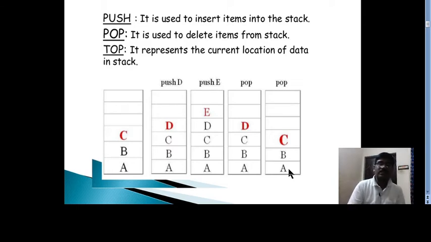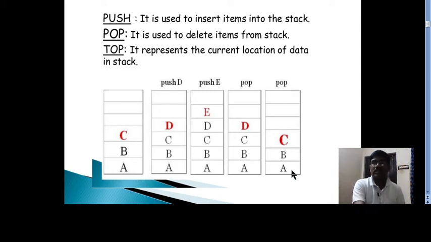This is the logic of operations on the stack. The operations we can perform are push and pop. When you push, the top is incremented. When you pop, the top is decremented. The top is the only thing that is varying, its position is varying, but the bottom is not changed. It is always at this location.